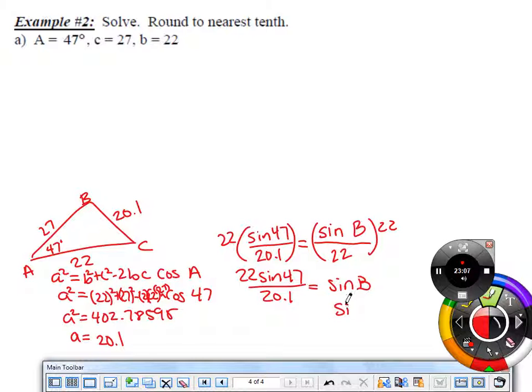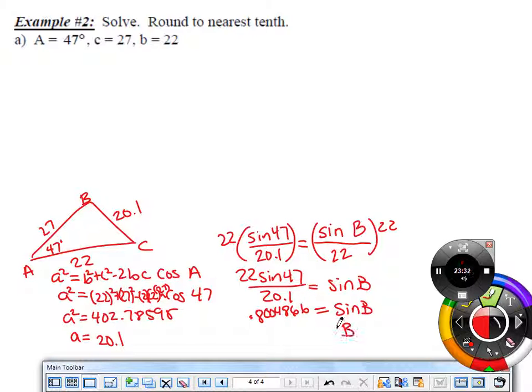Okay, and this is going to give me a decimal that the sine of B is equal to. And then I'm going to take the inverse sine of that to find angle B. And that's why I chose to look for B right now and not C.